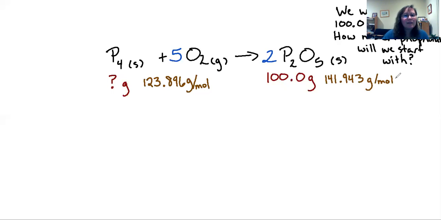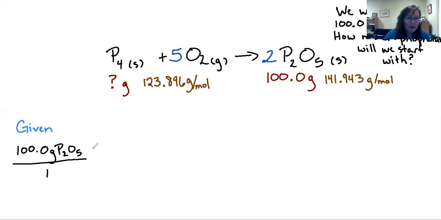Okay, so now let's go ahead and start our stoichiometry. The first thing in our stoichiometry is our given. This is the template that is similar, at least, to the template in the slides. So that's 100 grams P2O5. And you'll notice that I'm writing out the whole thing.